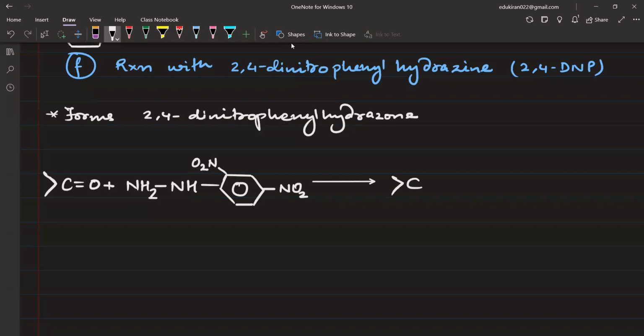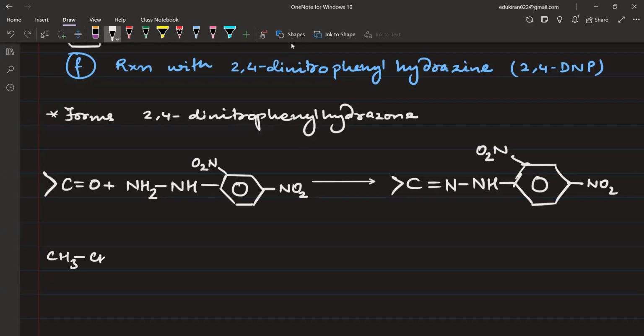You are going to get carbon, the double bond as it is, doubly bonded to nitrogen. कुछ घबराने वाली बात ही नहीं है, just छापना है आपने. You just have to make the drawing whatever is given. N, this H2 has gone, bonded to NH, further bonded to the benzene ring. Now this benzene ring has NO2 and NO2 here, at the second position and the fourth position. Okay. Actually, please write CH3, CHO plus this molecule.